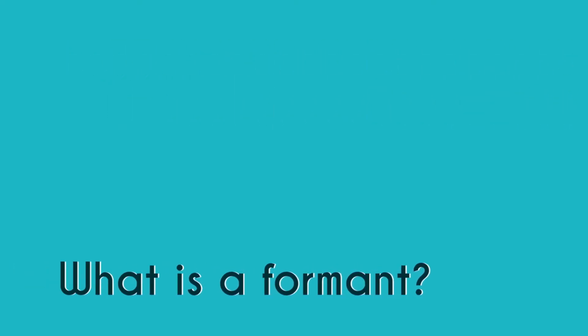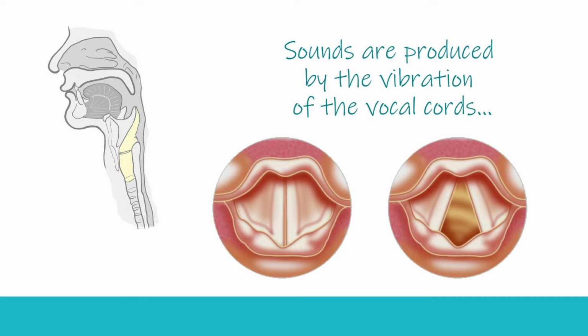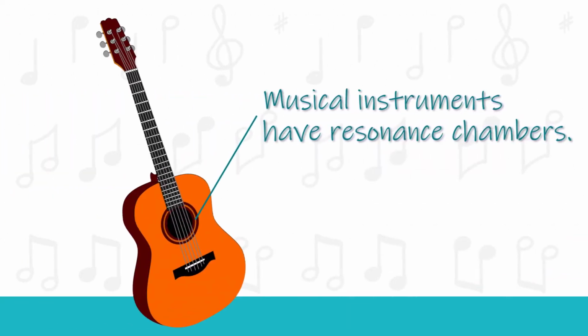So what is a formant? The air goes through the vocal folds, the production of sound begins, but the sound is too weak. We need to make it stronger, make it louder. How do we do this? A lot of instruments have a resonance chamber, which helps resonate and amplify the sound.